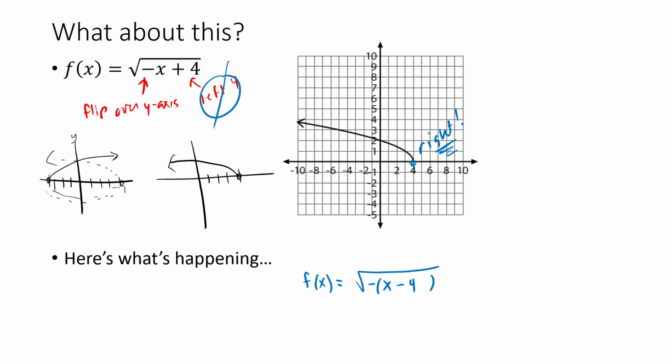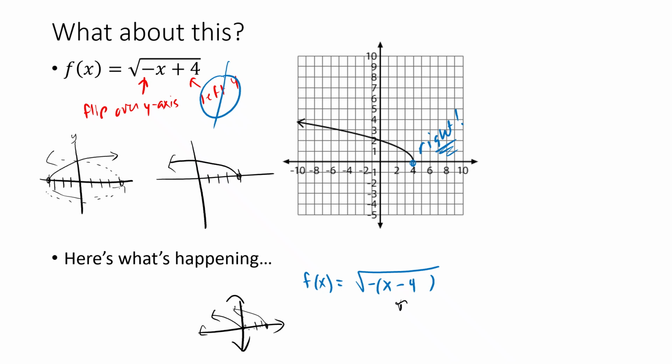Or if you write it this way, it might be a little bit easier. On this one, you're going to flip it over the y-axis and then go to the right 4 like so.